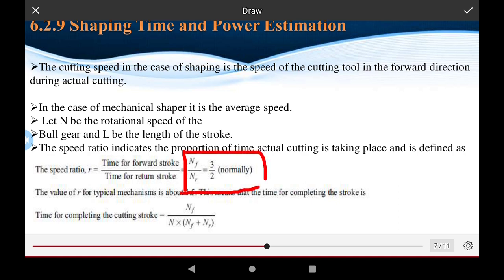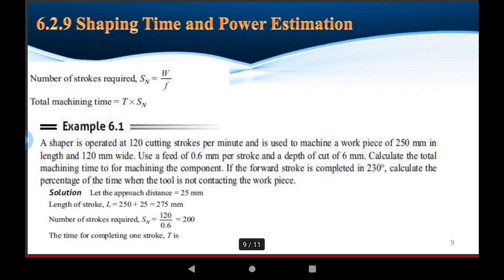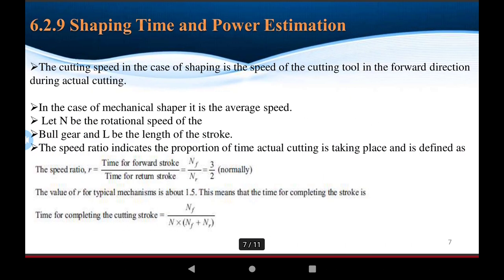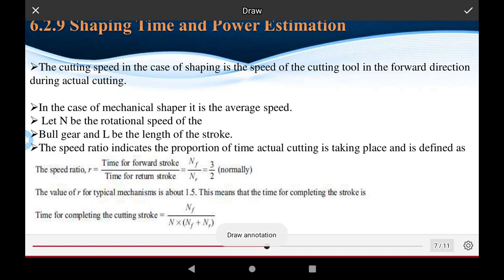This formula is present for the normal speed of these machines, and the value of R, the typical value for the mechanism, is about 1.5. That means the time for completing the stroke is, okay, 1.5 minutes, the time to complete the forward stroke.